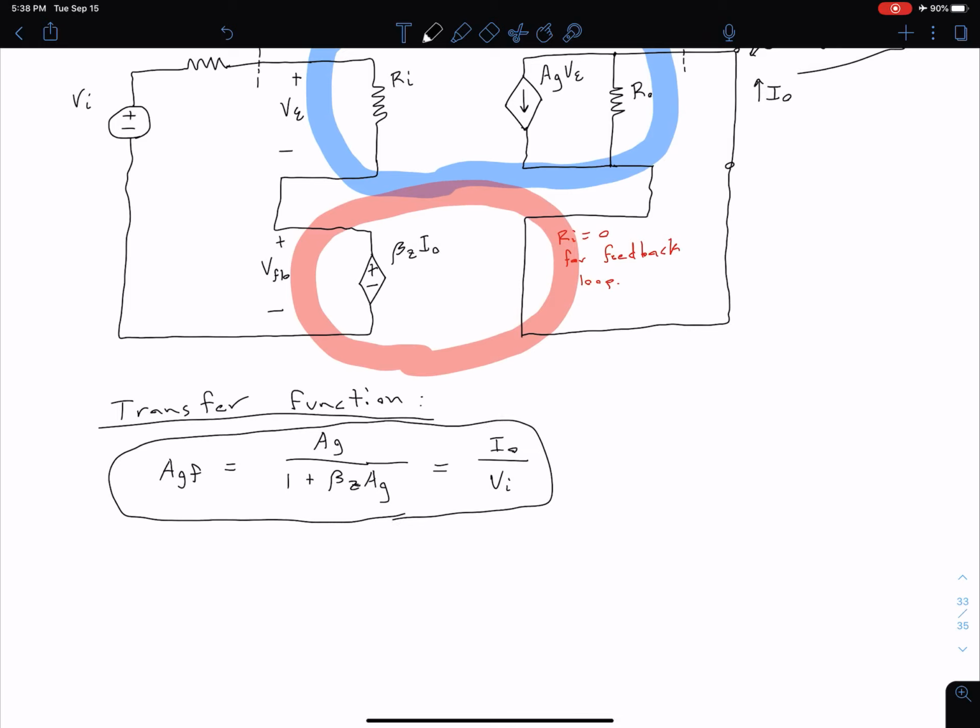And so this AGF would actually be our closed loop transfer function, because we're taking the ratio of the current to the voltage. And so note once again, we have a slightly different beta variable from what we've seen in our previous cases.